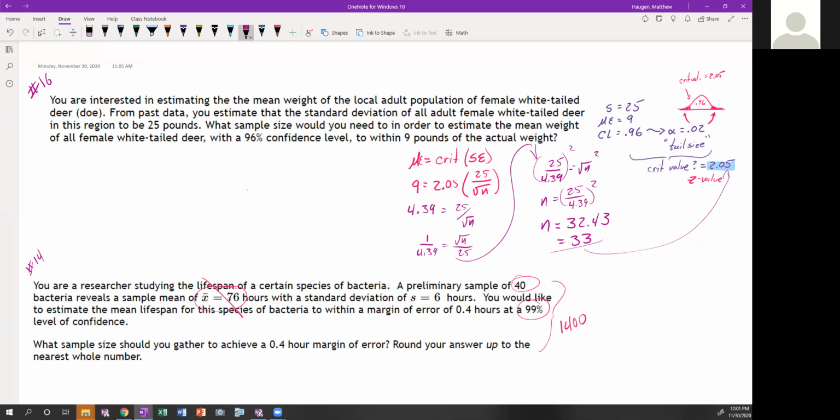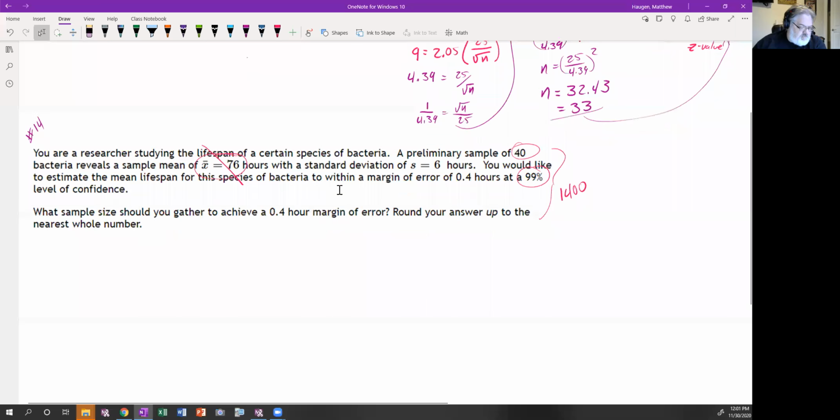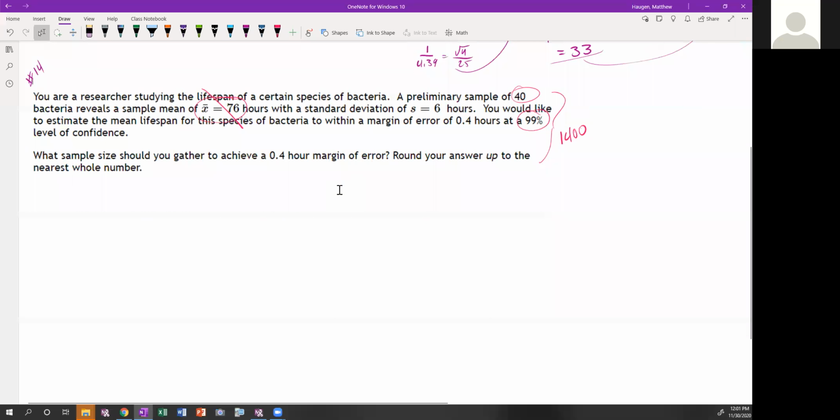Can I talk through the number 14 and see where I'm going wrong? Absolutely. Okay. So the equation we're using is standard error equals t times s over root. Margin of error, not standard error. So critical value times s over the square root of n, right?